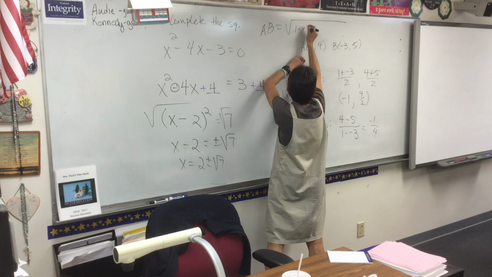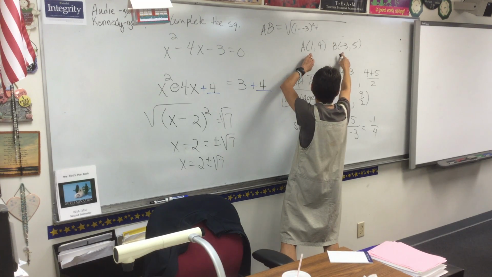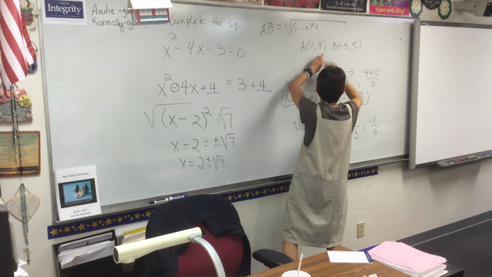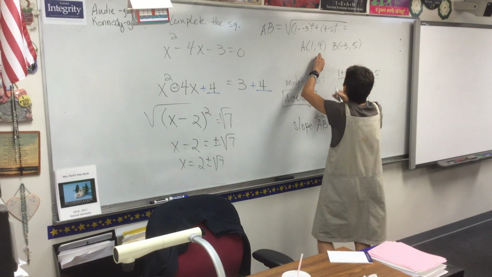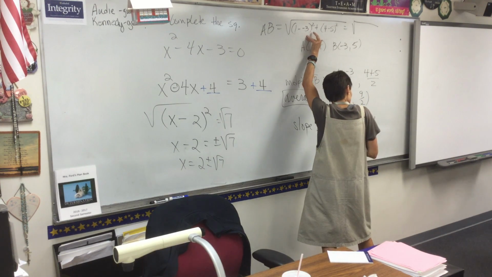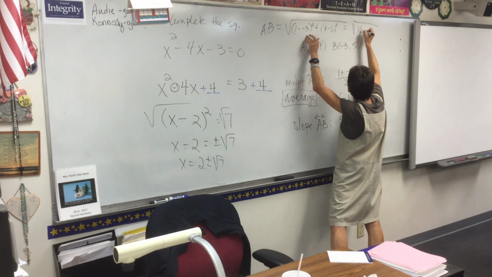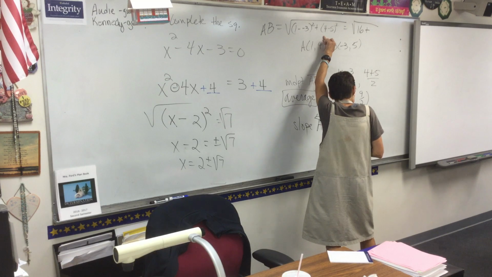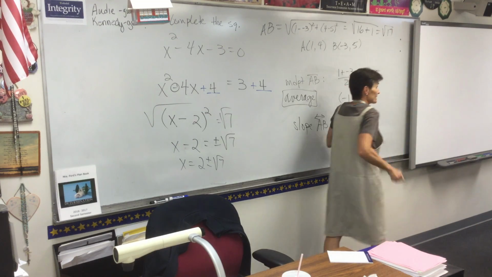So 1 minus negative 3, squared, that's x minus x squared, plus y minus y squared. So what is that? 1 minus negative 3 is 4, squared is 16. 4 minus 5 is negative 1, squared is 1. The square root of 17.